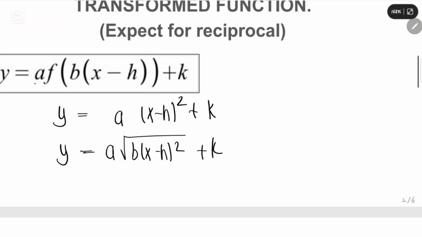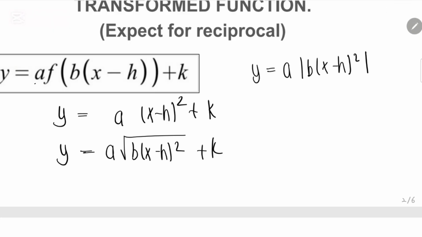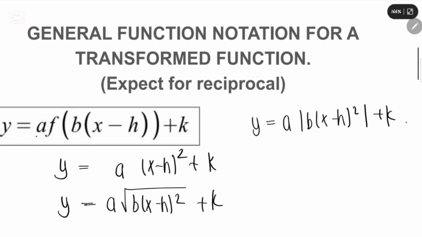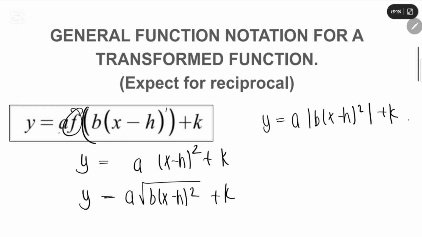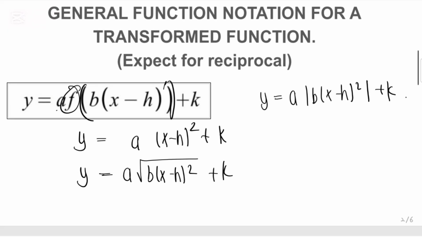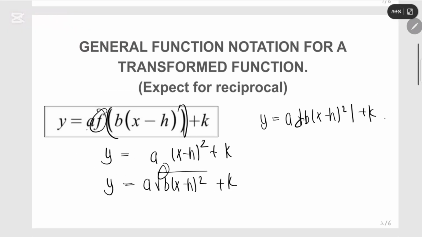And if you're working with an absolute value function, it's going to be like this. So that's what the f bracket means. You just replace it with whatever function you're working with, like for example the square root or the absolute value.